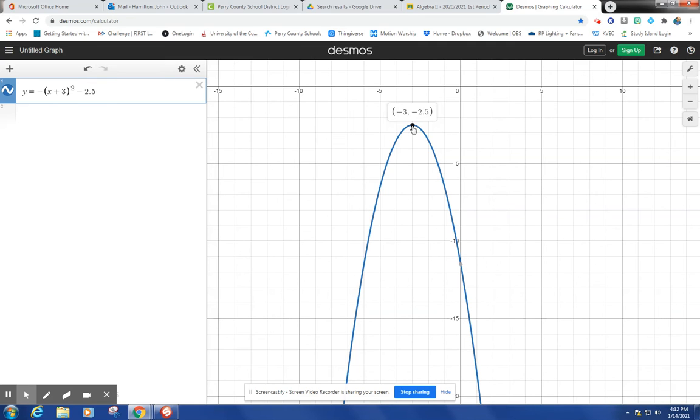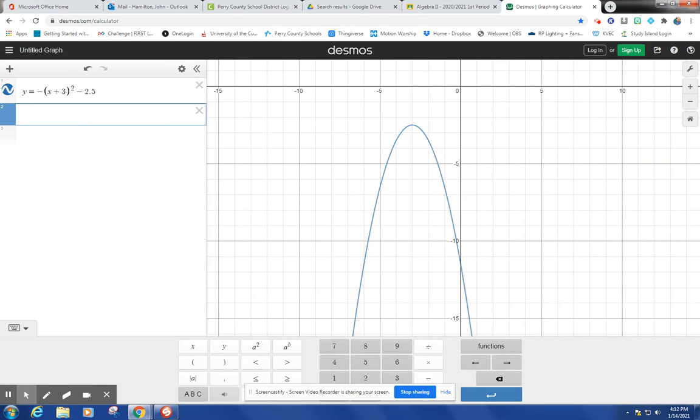So what would that line be? Well, what is my x coordinate here? My x coordinate is -3. So matter of fact, I'm going to go ahead and say x equals -3. And notice what it does. It puts that line down through the middle that is my axis of symmetry.